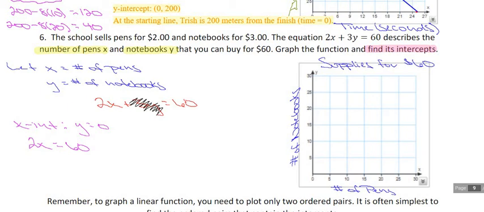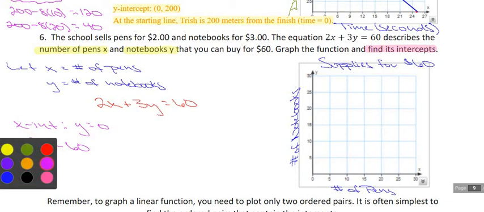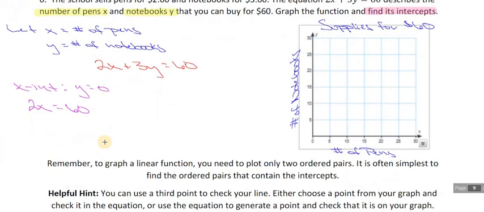So we're solving 2x equals 60. So when I do that, I then end up dividing both sides by 2. So I get x equals 30. So my x-intercept equals 30, or the ordered pair 30, 0.